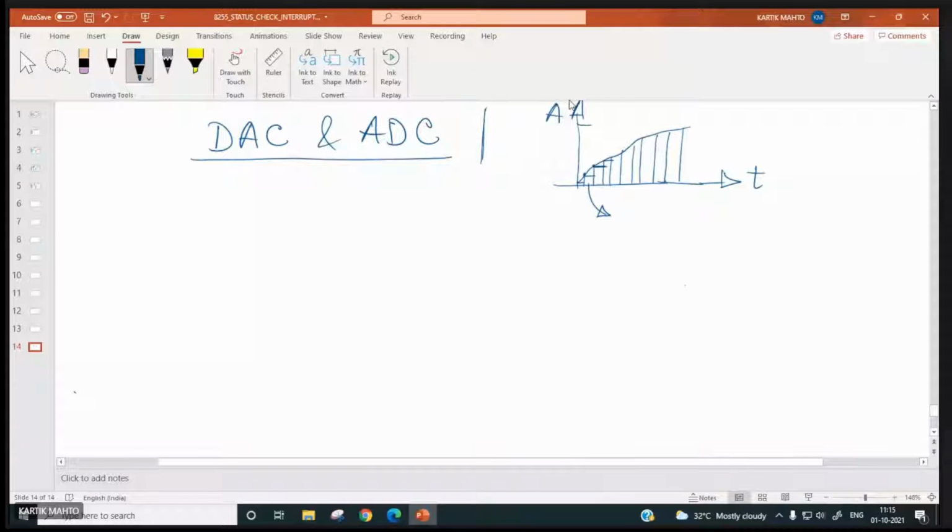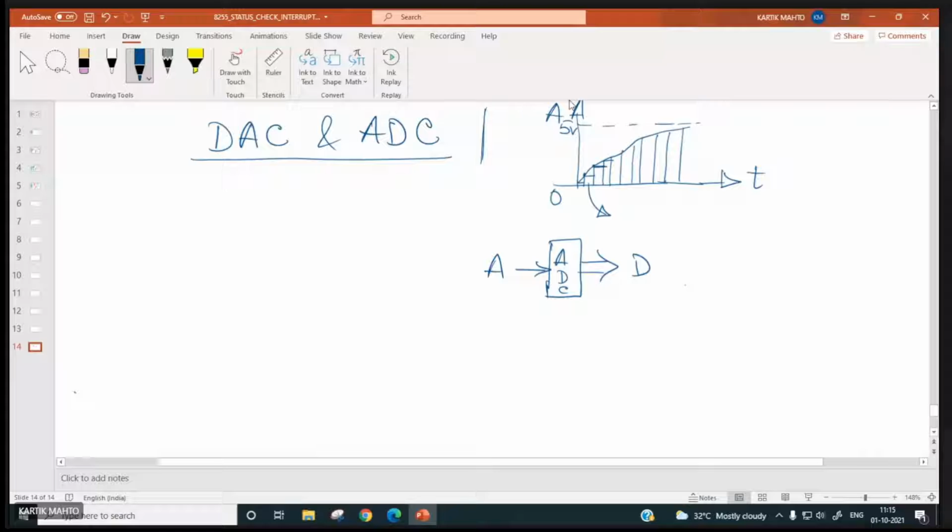I'm taking a practical example here, my A to D converter. I have a device, ADC, and to that device analog is given and it is expected that the digital will come out, isn't it? This is what you have learned, correct?